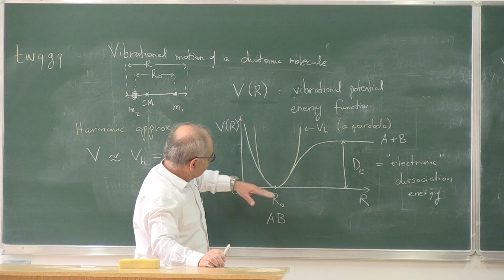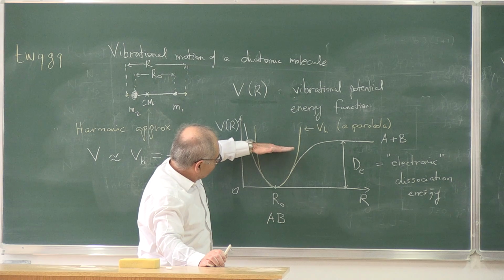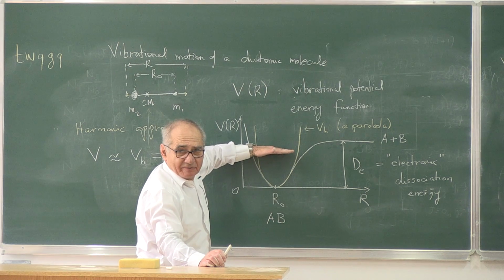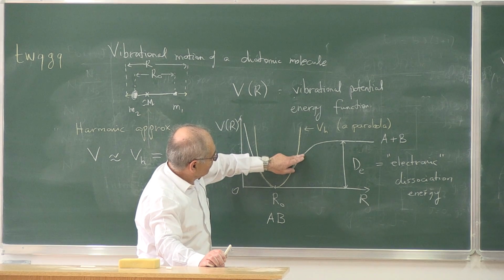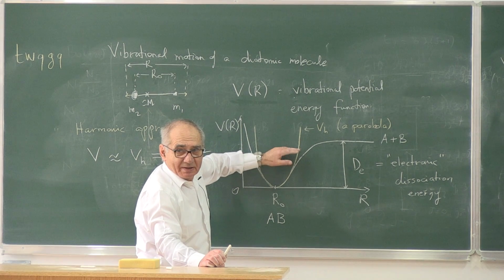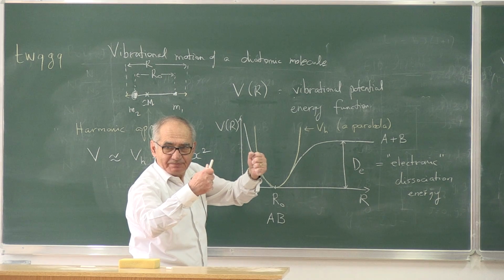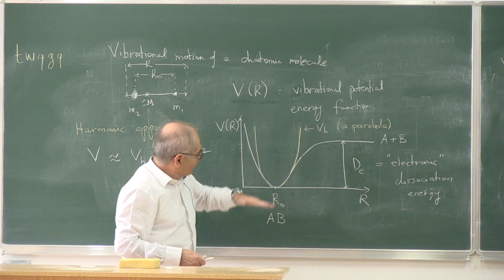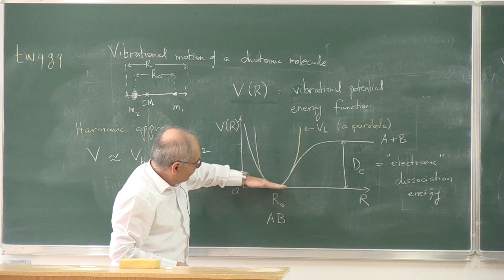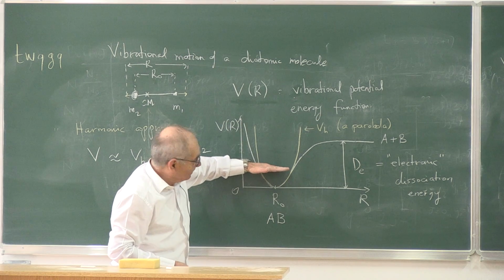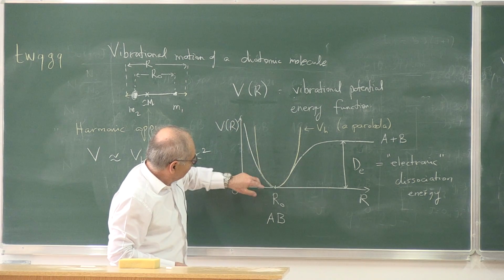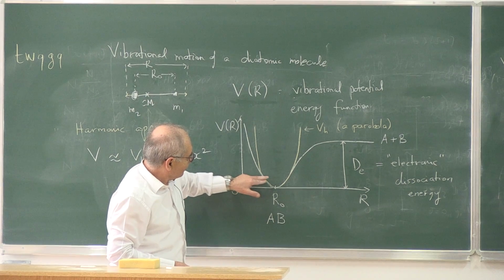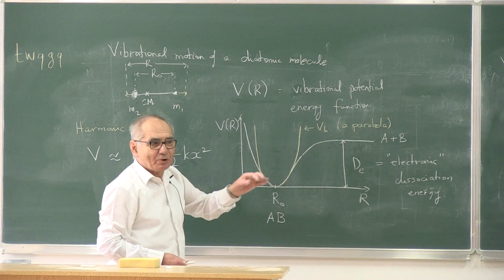Notice that at higher values of the potential energy function, differences between the true curve and the parabola get larger and larger. But for lower vibration values of the potential energy, the difference between the true curve and the parabola is not so much.